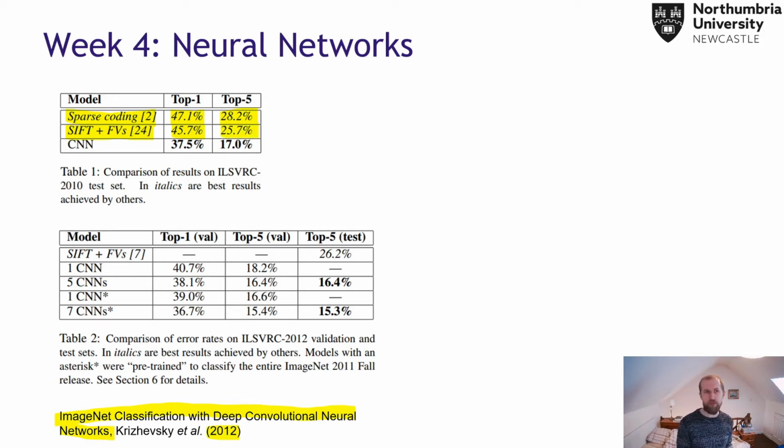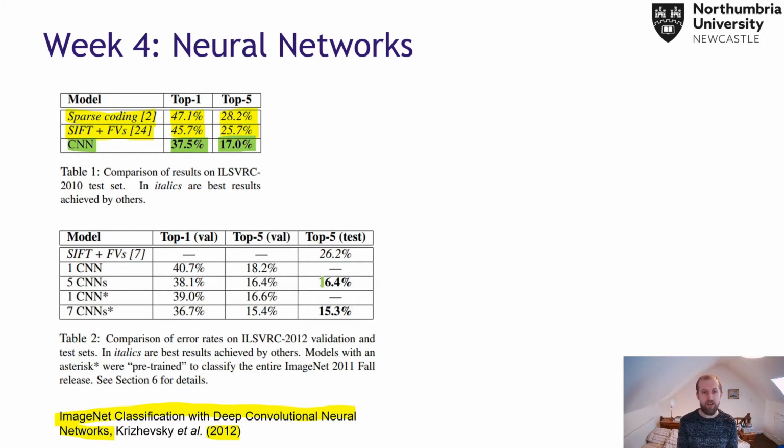Then this paper comes along with convolutional neural networks and completely obliterates the field. You get an improvement of 8% on SIFT and Fisher vectors on top 1 and on top 5 performance. And on the 2012 competition, you see something very, very similar.